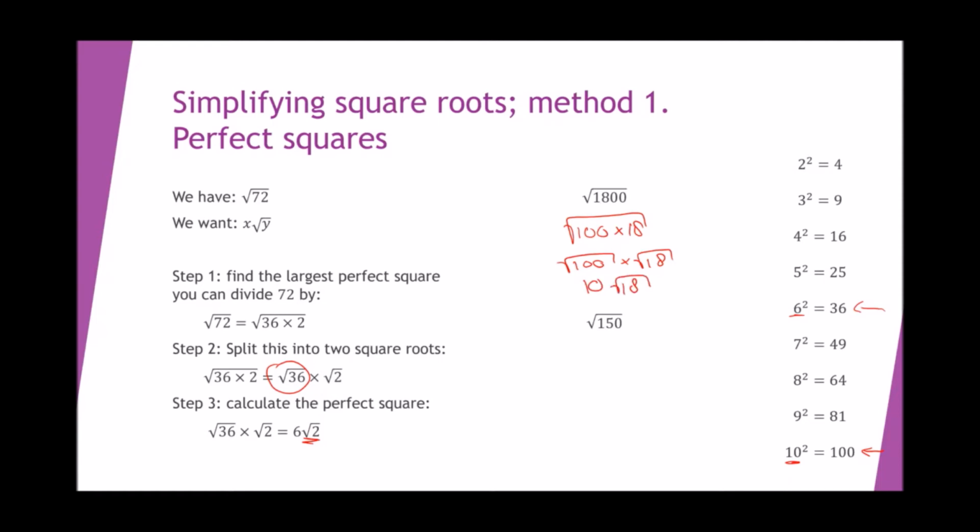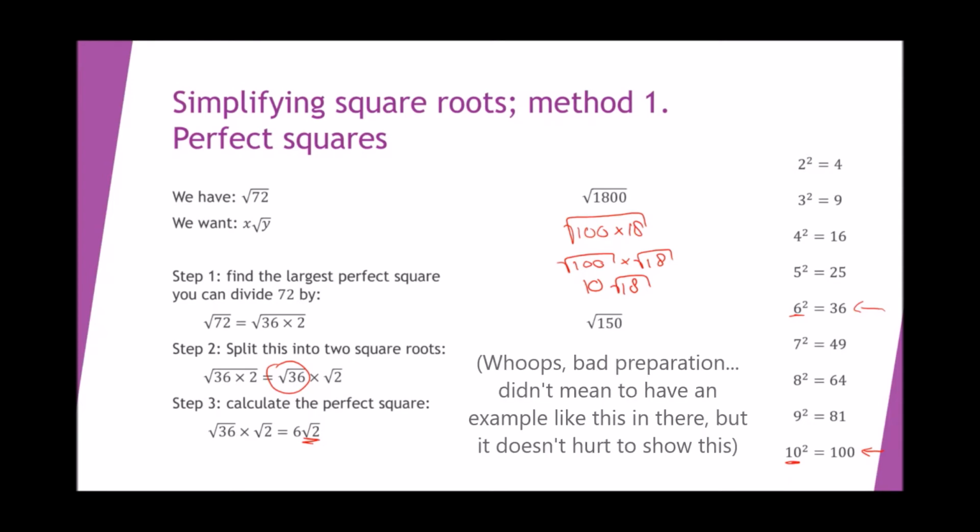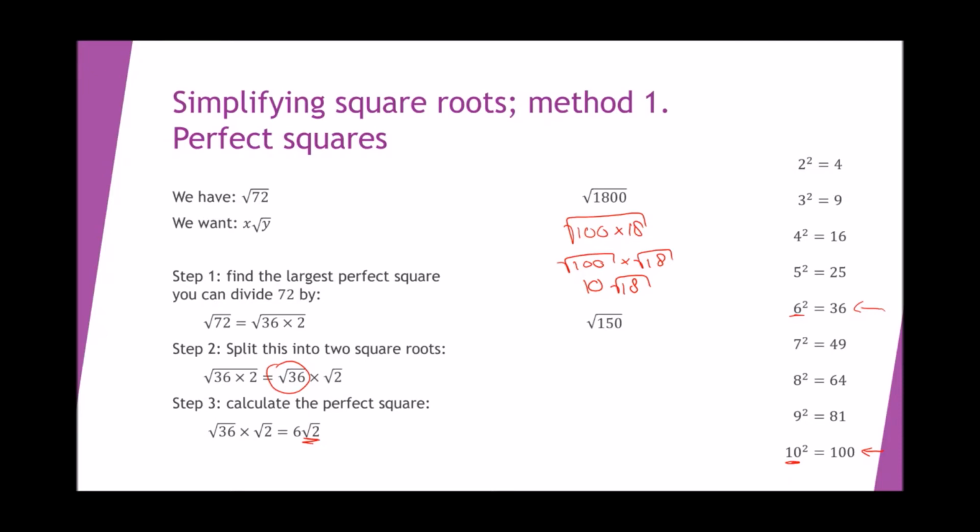Can I divide 18 by any more of these? Actually, I can. So I can continue this process because I can still divide square root 18 by 9. So let's continue to the right here. 10 square root 18 is actually also 10 square root 9 times 2.